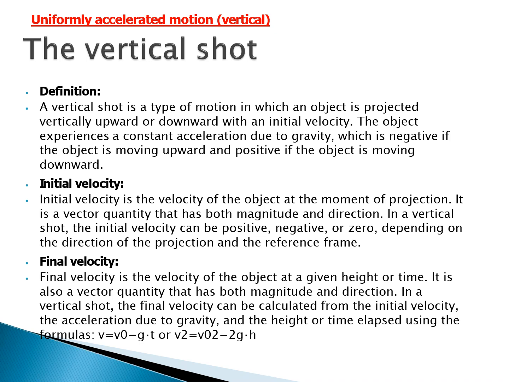Velocity v equals v0 minus g times t, or v squared equals v0 squared minus 2g times h. Acceleration a equals minus g.